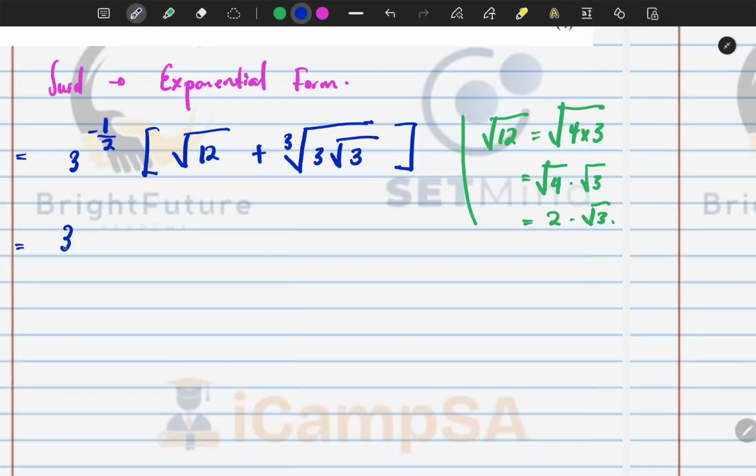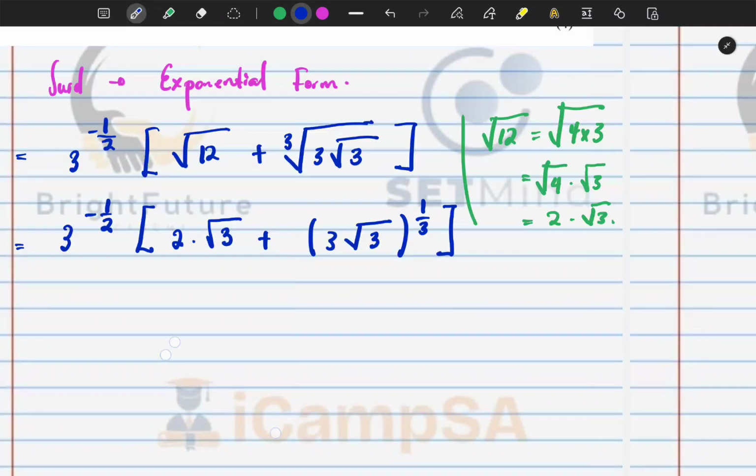So you have 3 raised to the power of -1/2 times 2 root 3 plus you have a cube root, so you open bracket 3 root 3 raised to the power of 1/3. Now let's see how we can simplify this further.